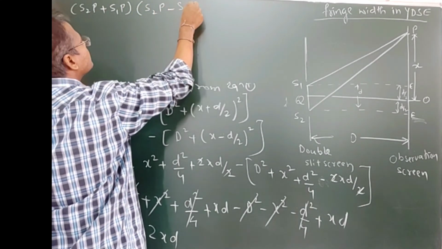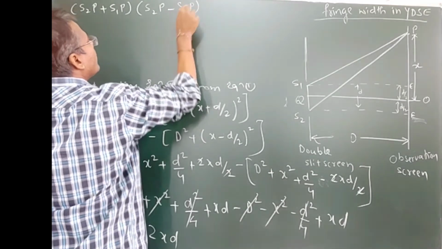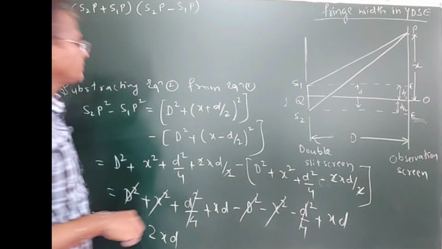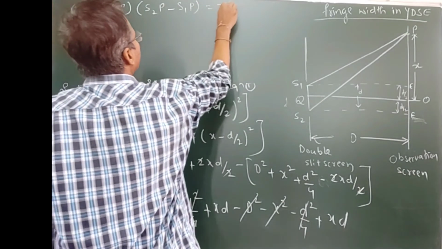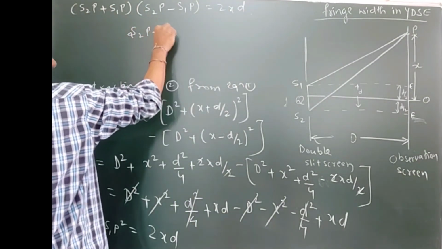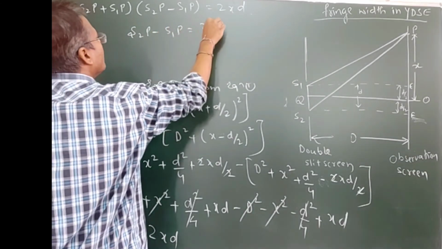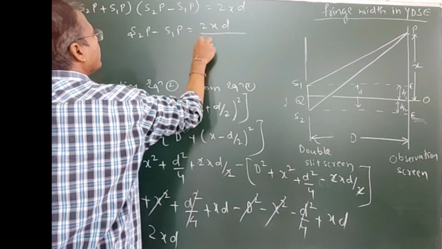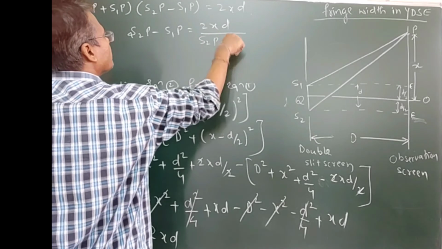Using the formula a square minus b square equals a plus b times a minus b, this becomes 2xd. So S2P minus S1P equals 2xd divided by S2P plus S1P.